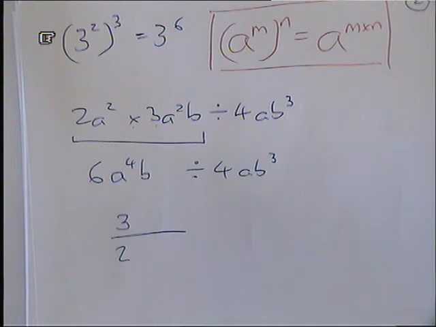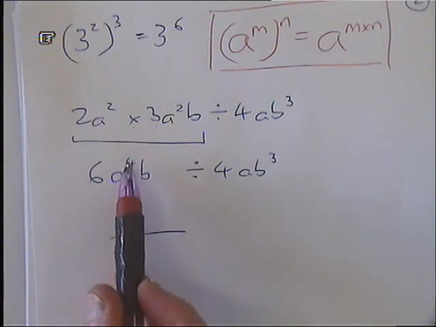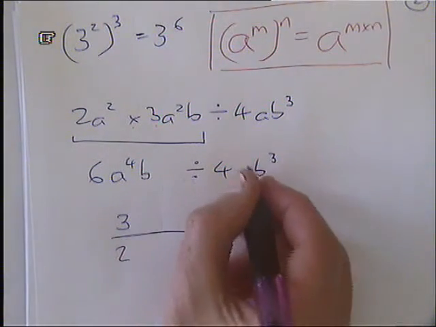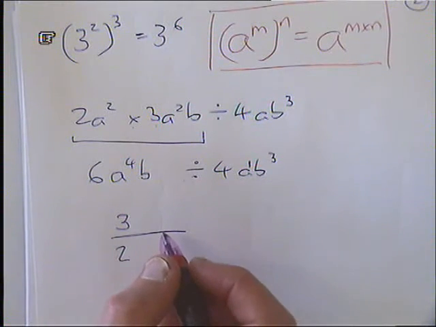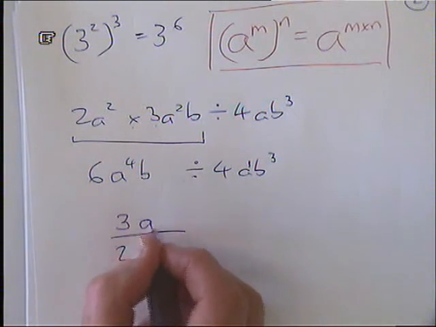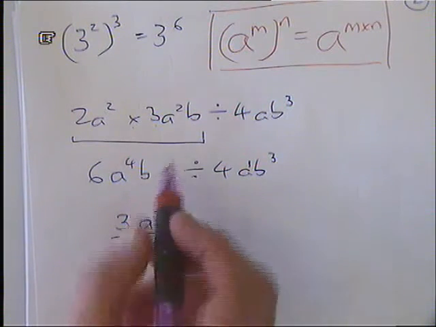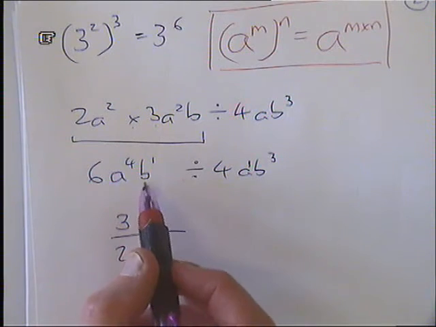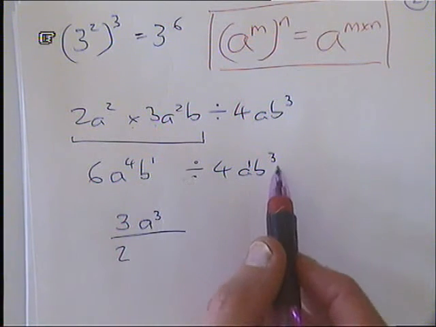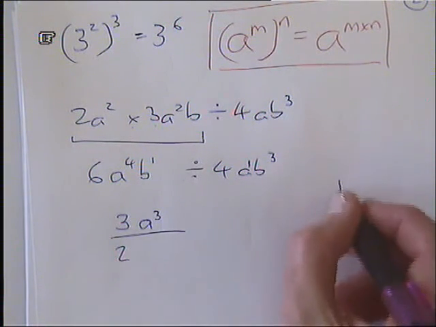Okay, sticking with you, Olivia. I've got a's here. A to the power of 4 divided by a to the power of 1, although we don't normally bother writing that in. Yep, that's right. B to the power of 1, although we don't normally write it in. Emma, this one's for you. B to the power of 1 divided by b to the power of 3. B to the power of minus 2.